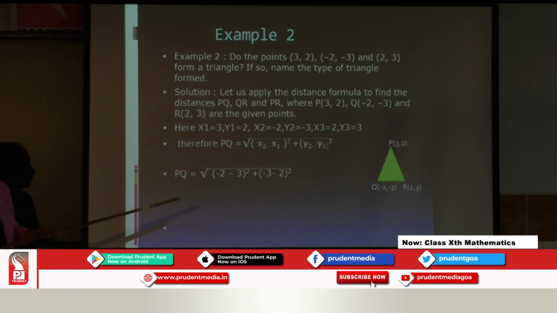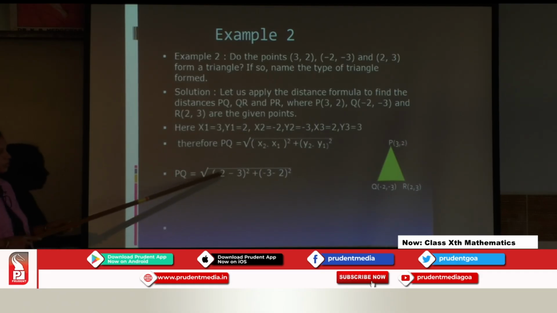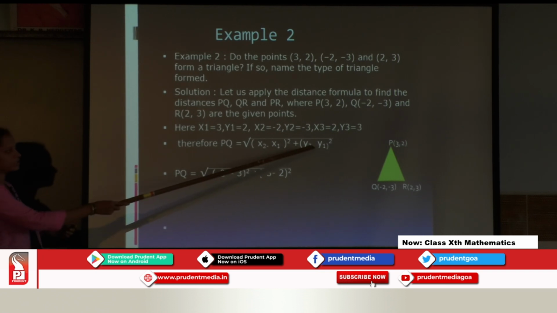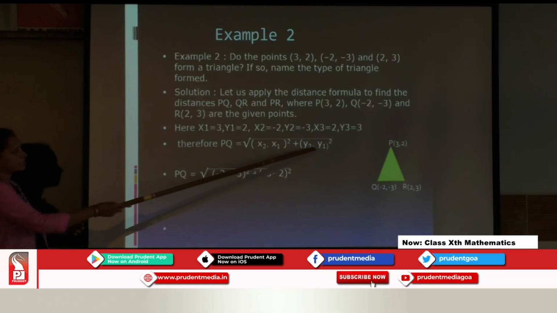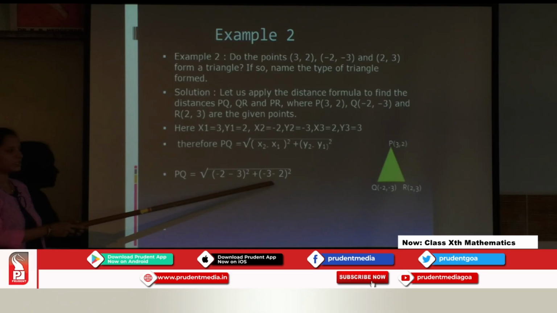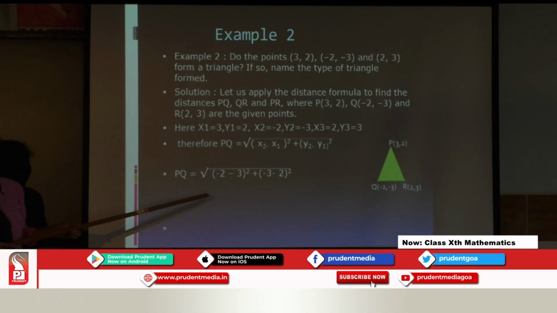Now we put in all the values: x2 is equal to -2, x1 is equal to 3, the whole square, plus y2 is equal to 3, y1 is equal to 2, the whole square. Now -2 minus 3 is equal to -5, and 3 minus 2 is equal to 1.